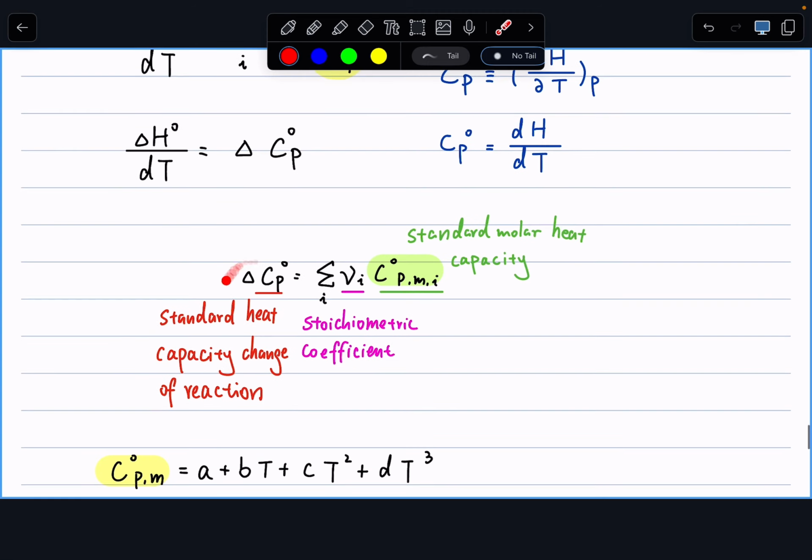Or the other way to put it is we have the standard heat capacity of the reaction, and this standard heat capacity of the reaction equals the sum of each standard molar heat capacity, which you can check in the thermodynamic table, times the stoichiometric coefficient, summed together to give you the standard heat capacity of the reaction.